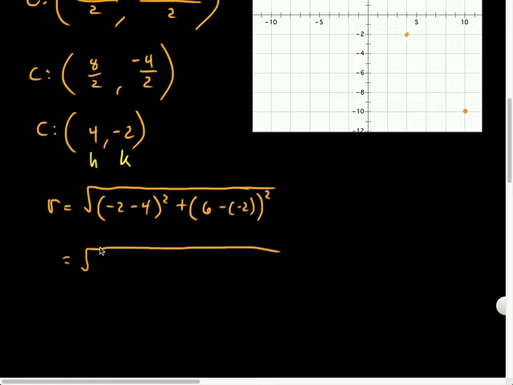There you go. And let's see, so -2 minus 4 is -6, plus 6 plus 2 is 8. Oh, this one's going to be a larger radius. So that's 36 plus 64. All right. Okay.